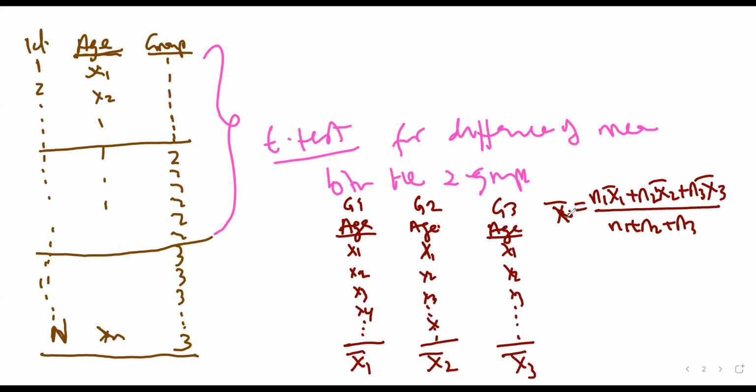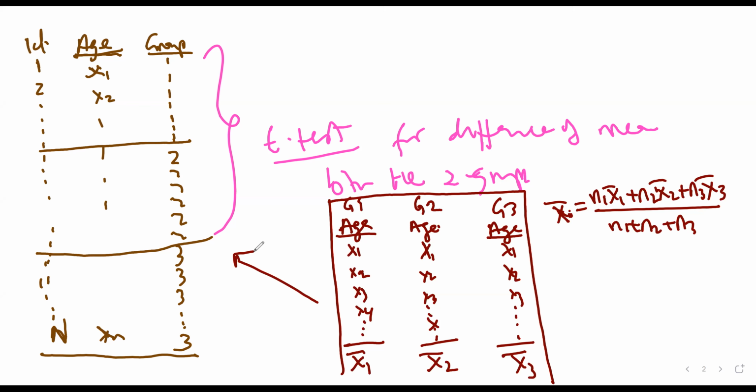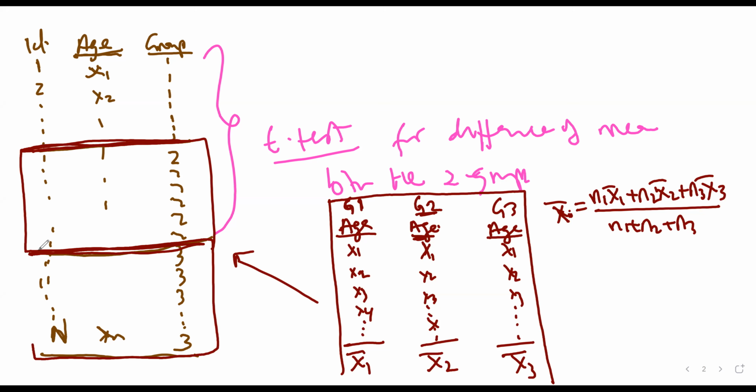Suppose I rewrite this data in this format, getting the information from here. I have information for group 1, that is the information from the top up to this point. Then I have this one as the second set of information, my group 2 here. Then this is my last set of information, group 3 here.